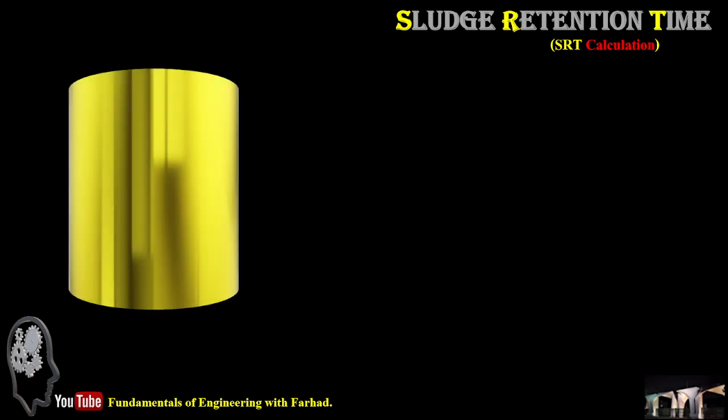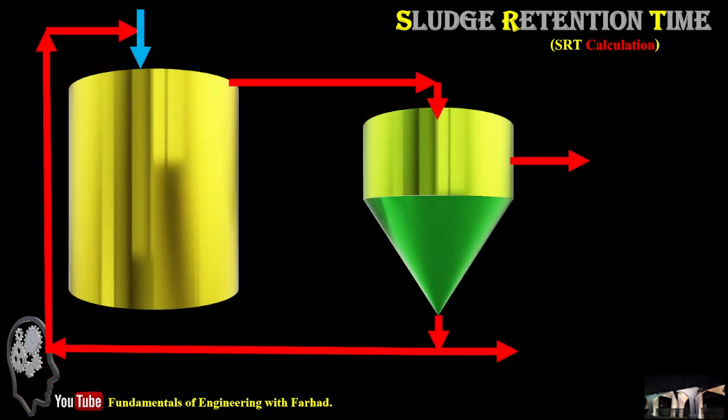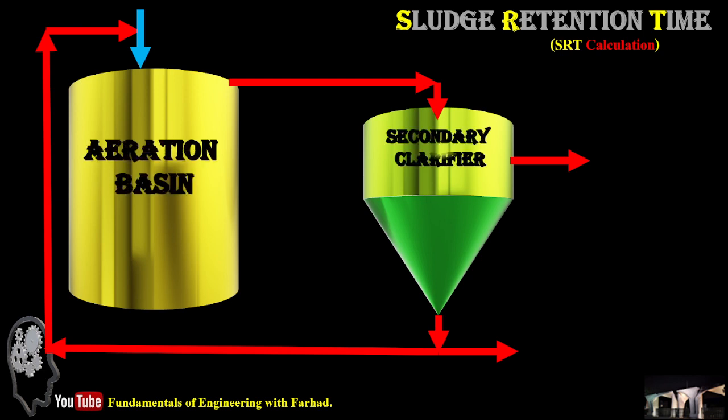Let's have a better look at our initial aeration tank and also the secondary clarifier. If we look at the schematic, Q naught comes to the aeration basin, then moves to the secondary clarifier.